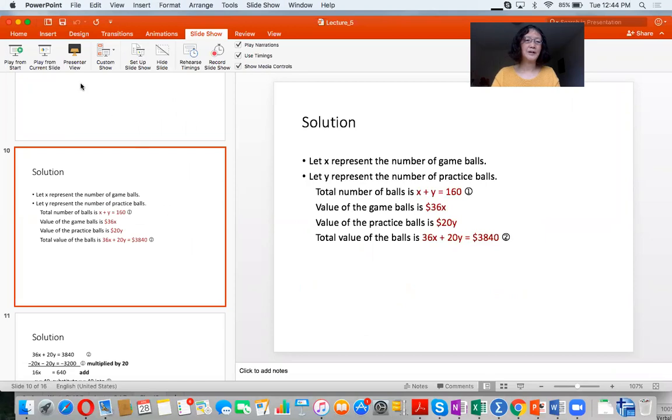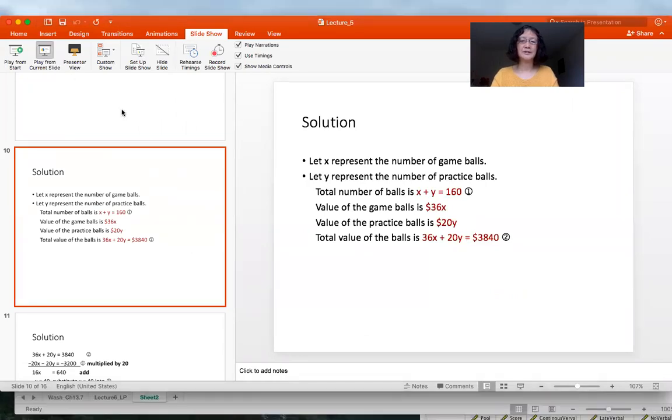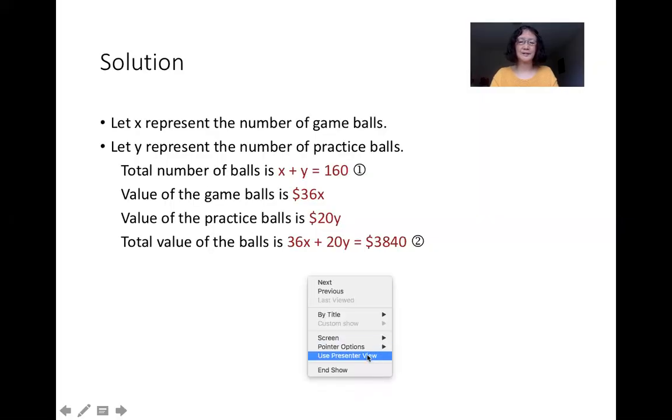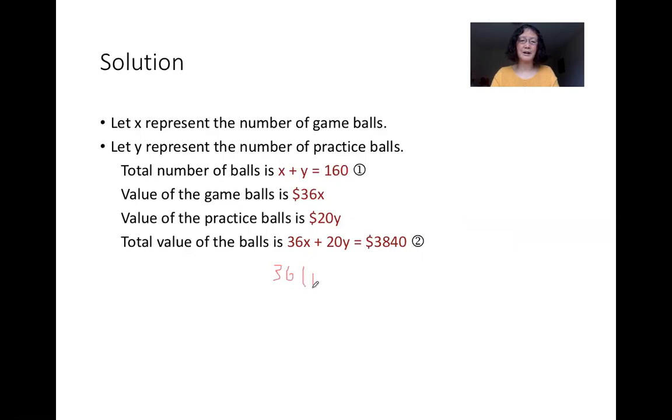My note disappeared, but I can quickly redo it. So where we are: 36 multiplied by 160 minus y, plus 20y, equal to 3,840.